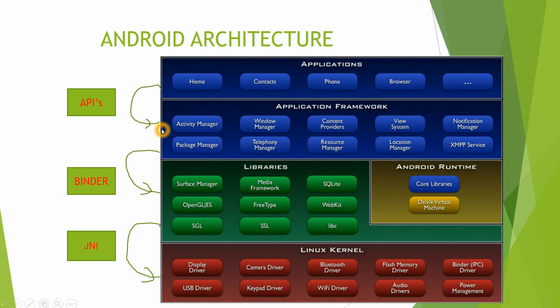Then the communication between the application framework layer and the libraries happens with the help of binder, which is an inter-process communication. Then the communication between the libraries and the bottommost layer, Linux kernel, happens through Java Native Interface. So this is the entire Android architecture.